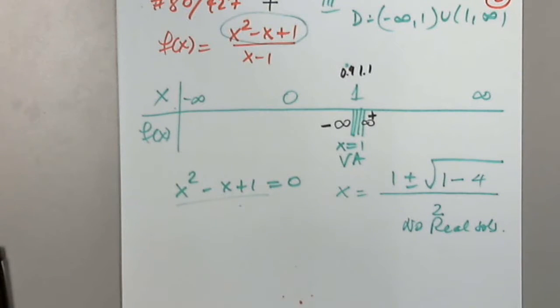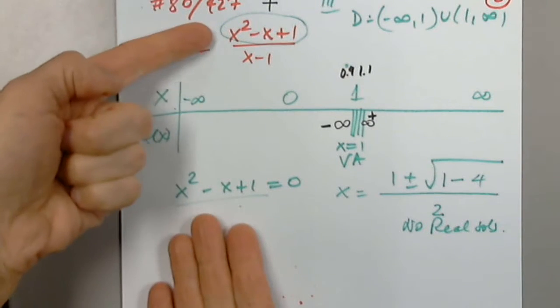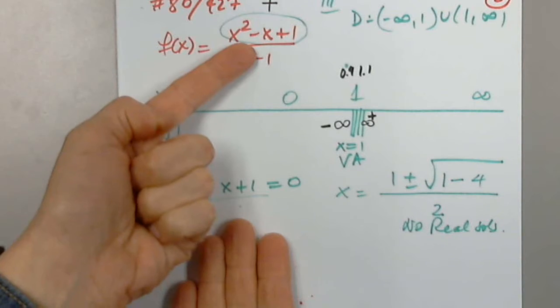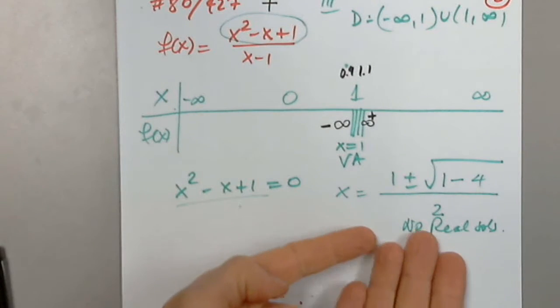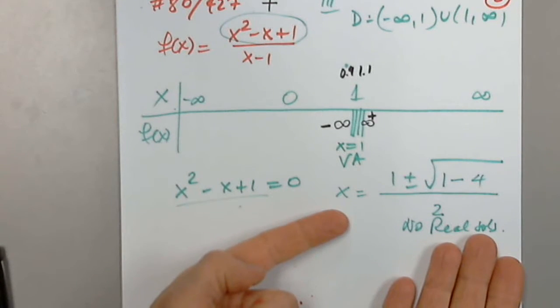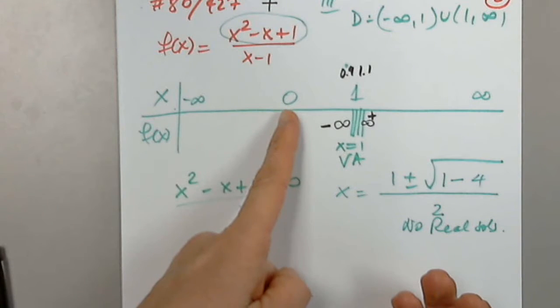Perfect. So I finished with domain, vertical asymptote, behavior near the vertical asymptote. Now I would like to continue with, Heather is right, x and y intercepts. But a fraction is 0 when the top is 0, but there are none. No x-intercepts. So the only thing I need to do is plug in 0.